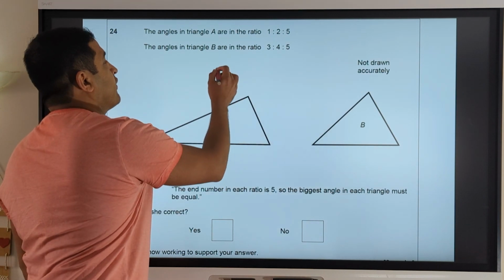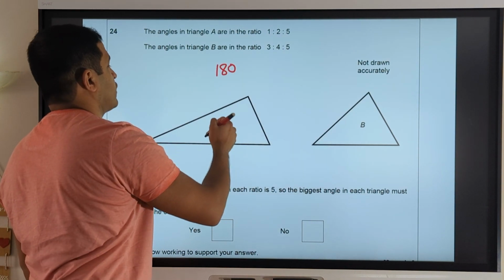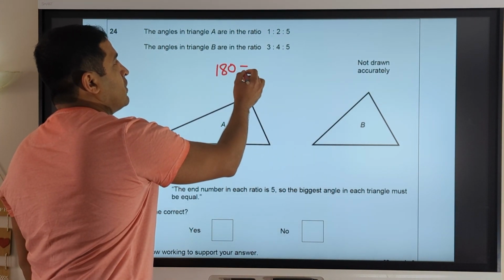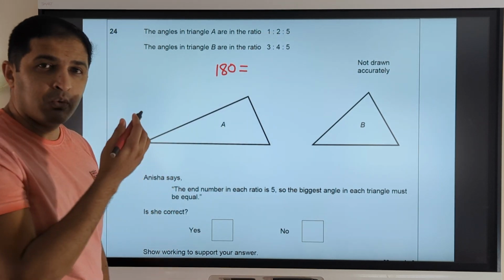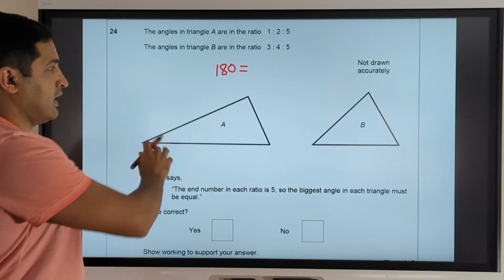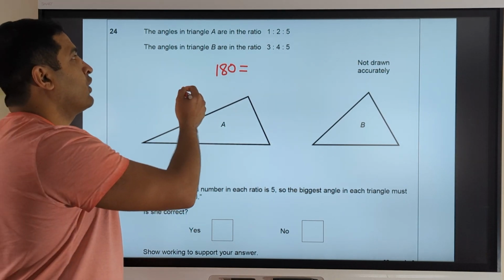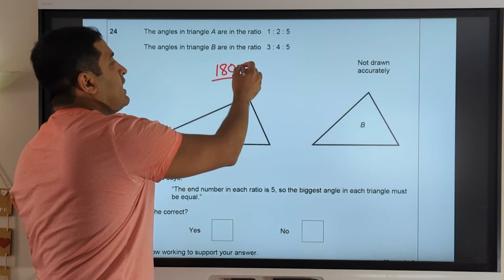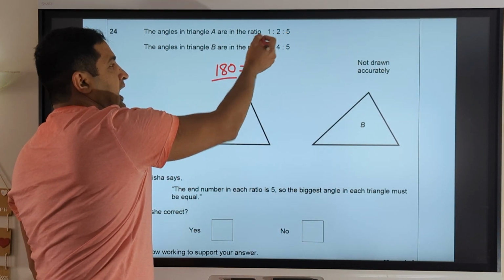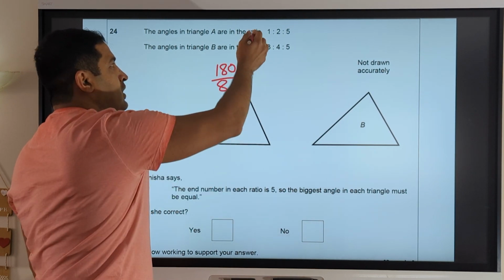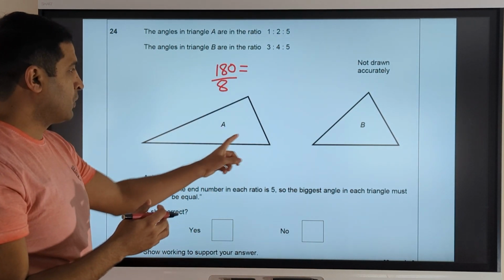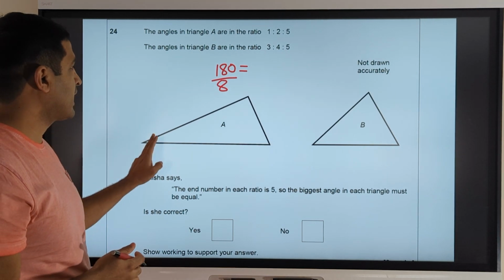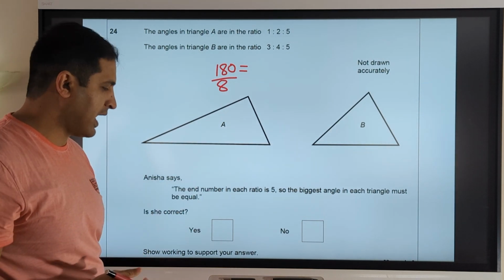Why? Because we're sharing 180 degrees for the first triangle A into the ratio 1 to 2 to 5. That's what we're sharing, that 180 degrees in that ratio. So 180 divided by 8. 1 to 2 to 5 gives you 8 in total parts. So you can work out what 1 is, what 2 is, and what 5 is.